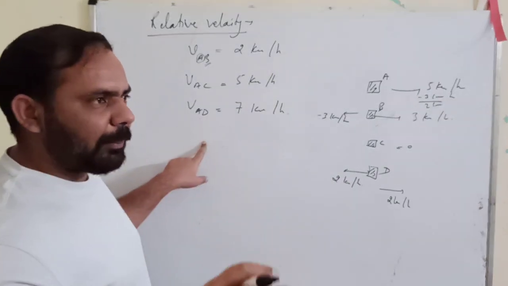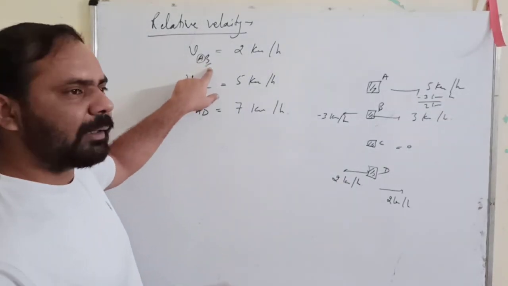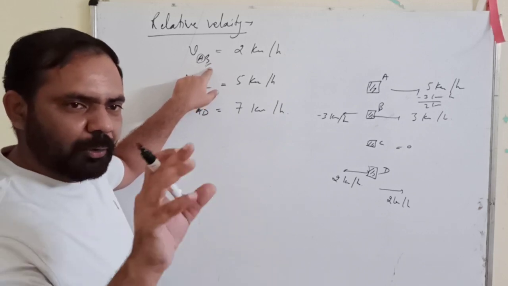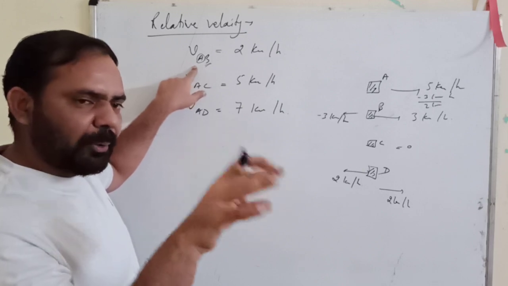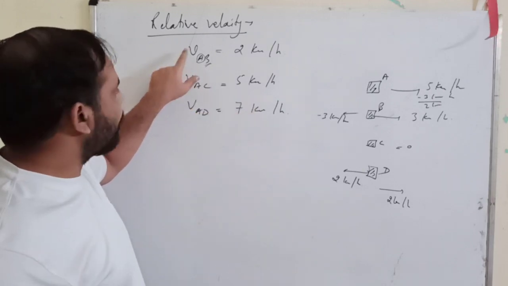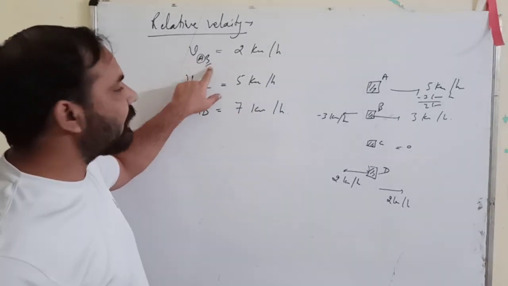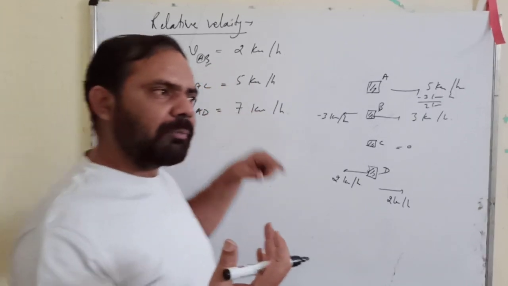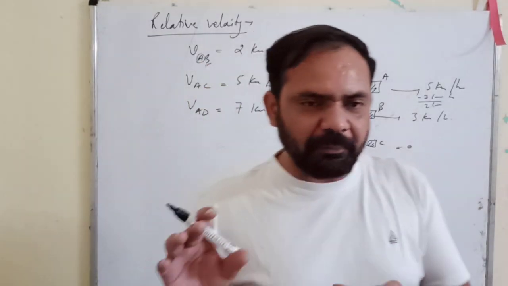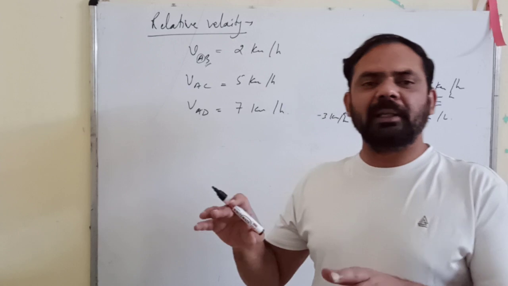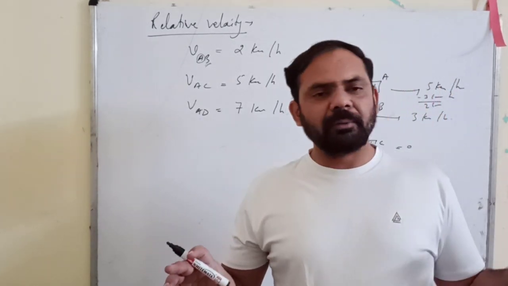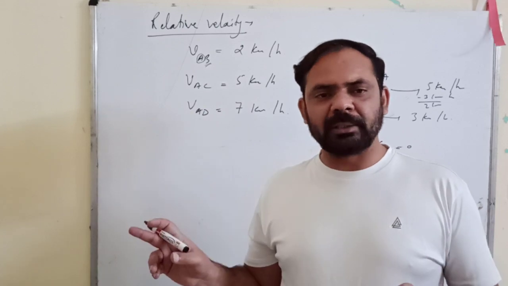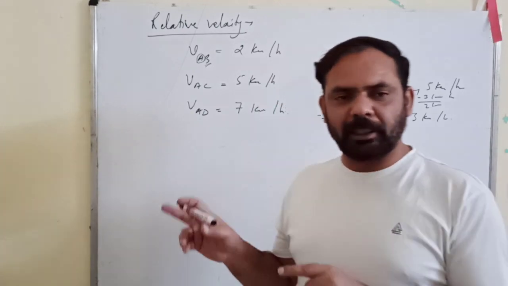Okay, again repeating the process. The second one is the object of reference. The first is the body whose velocity you are finding. So you are finding the velocity of A with respect to B. Your reference body should always be in the state of rest. Remember this term particularly, because when we move to motion in 2 dimensions, there also you will have to do the same thing.